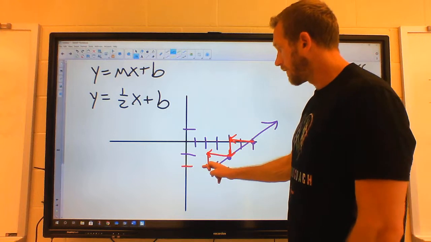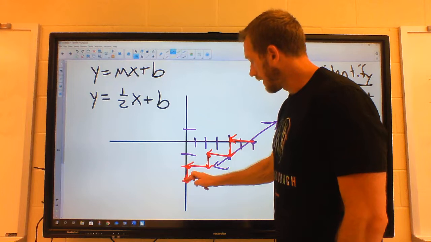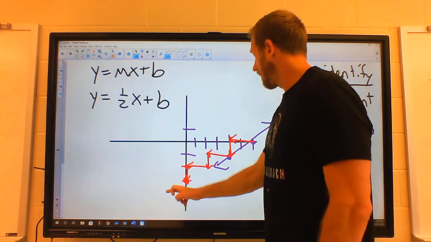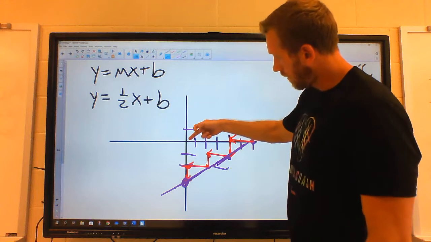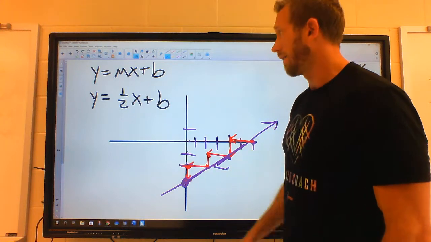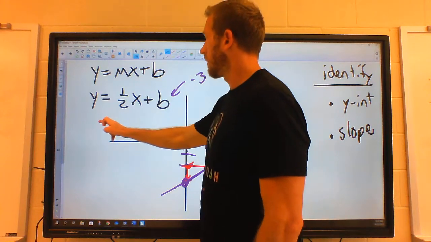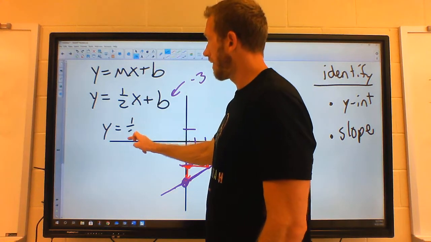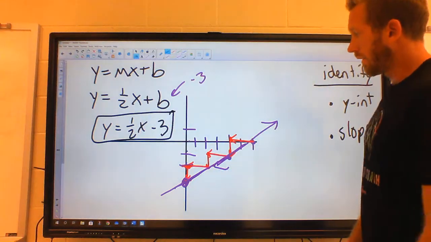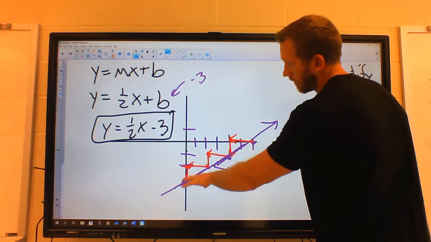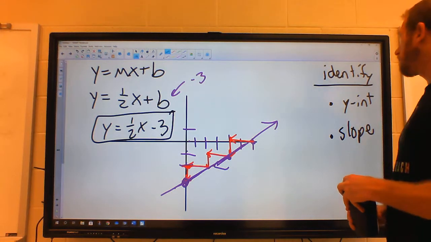Then we can go left 2 more, down 1, takes us to this height. So negative 1, 2, 3. Okay, so we get y equals 1/2 x minus 3. That is one way of doing this, where we worked backwards to count down to where that y-intercept should have been.